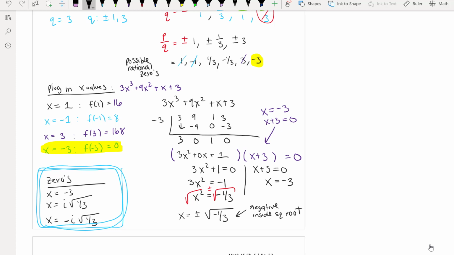So if it's a negative inside the square root, then that means that it's going to be an imaginary number. So I have i square root 1/3 and negative i square root 1/3. And I do apologize there, I had a small typo. But at least I can go back and check all of my work. Okay, so let's go on to the next page.